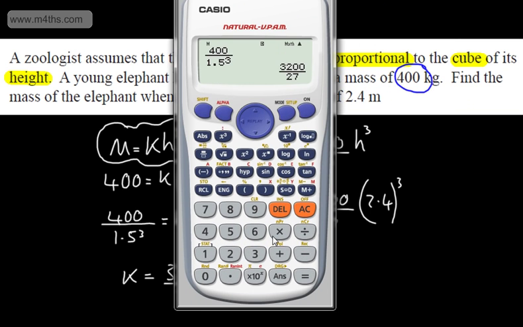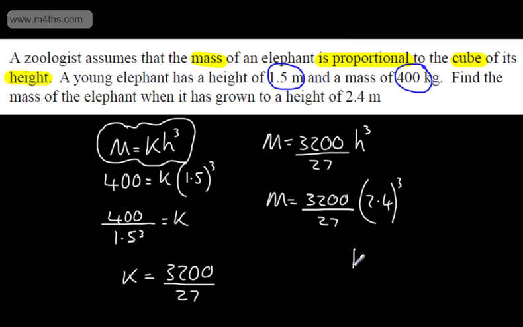Okay, so I'm going to multiply that by 2.4 to the power of 3, and this will give us our answer. So we end up now with 1638.4. Let's just write this in. 1638.4, and I'm going to say that that's going to be 1640, and that's going to be kilograms, and that is going to be given now to 3 significant figures.